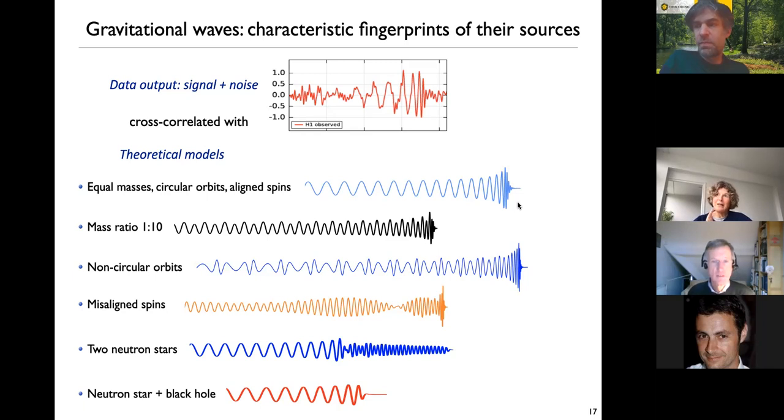It's a bit tricky because the data analysis methods integrate the waveforms against the data over a larger stretch of time. So they can dig out these kinds of signals inside the noise, even if the amplitude is not clearly standing out above the noise, as was the case in this first event.